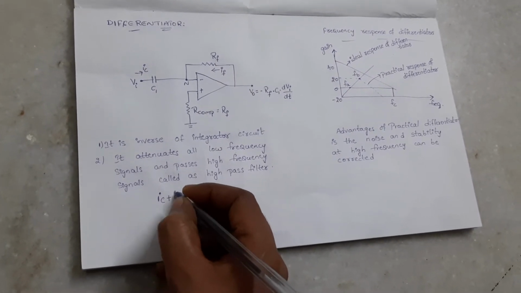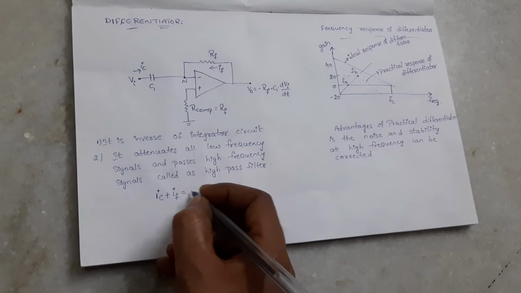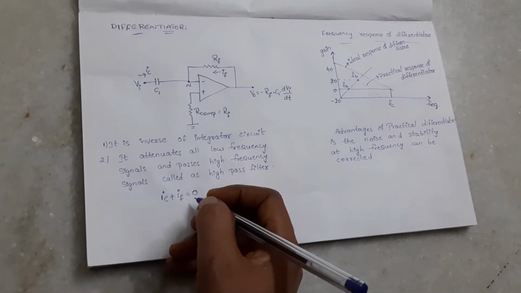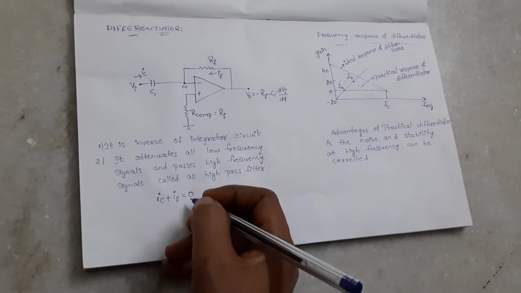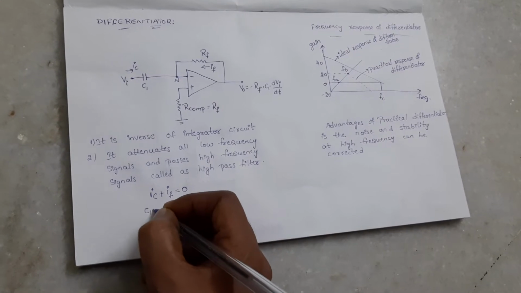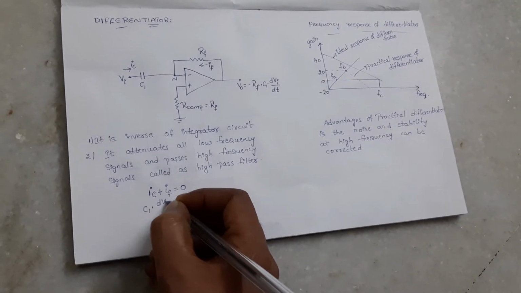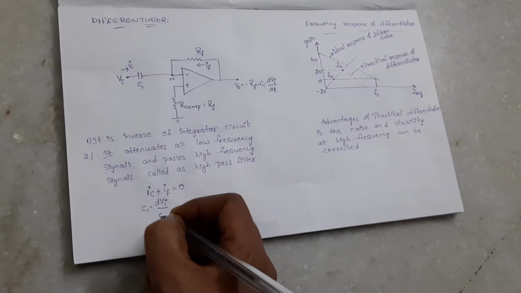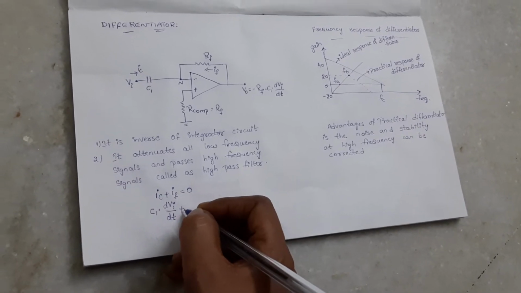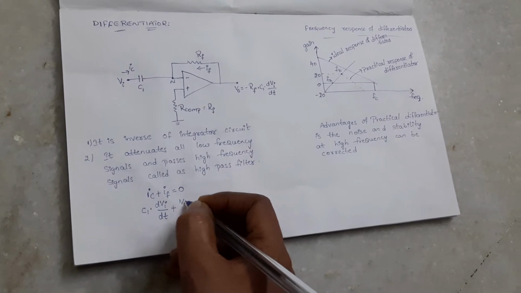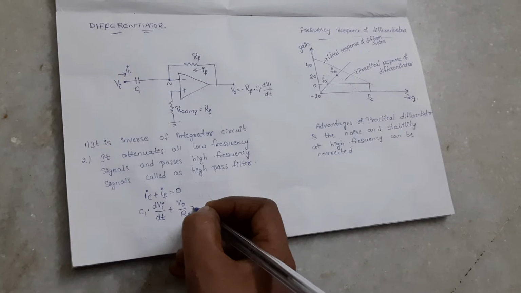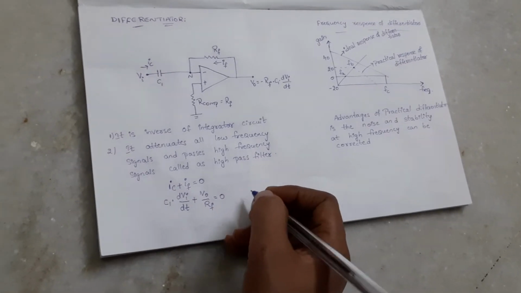IC plus IF is equal to 0. IC is nothing but C1 into dVi by dt, plus IF, which is nothing but V0 by RF, is equal to 0.